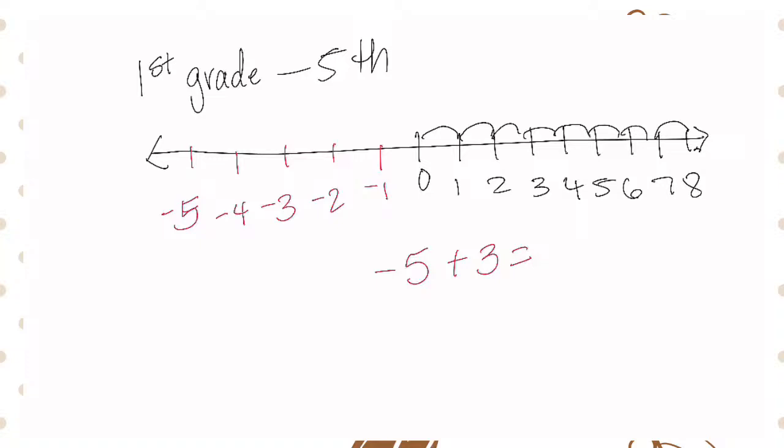So understanding that, hey, I'm starting at -5, which is negative, but to go positive, I'm going to the right. And this goes back to adding and subtracting in number sense and making those connections.